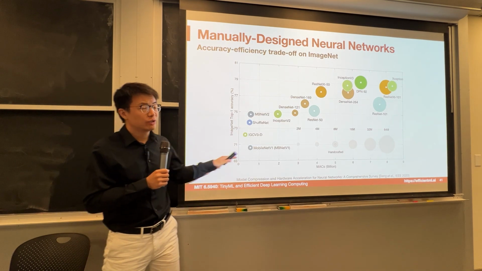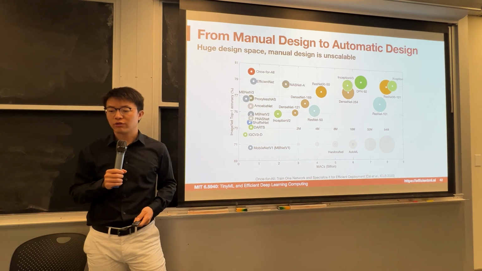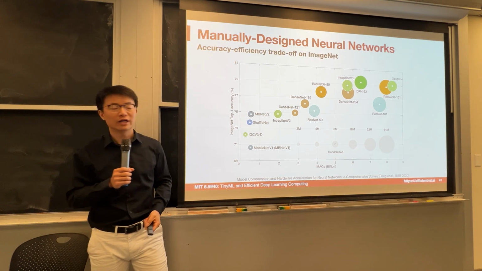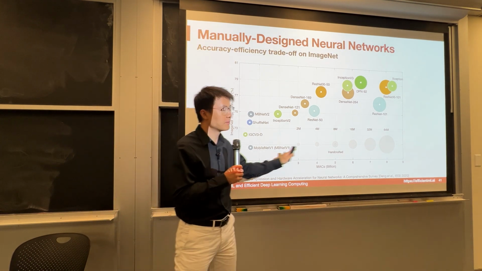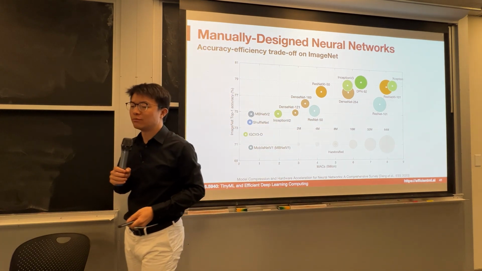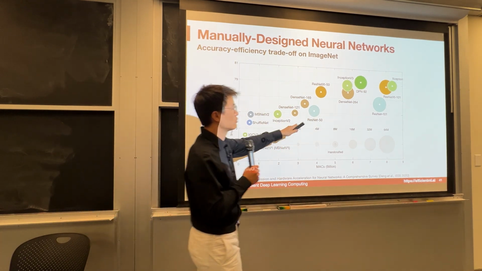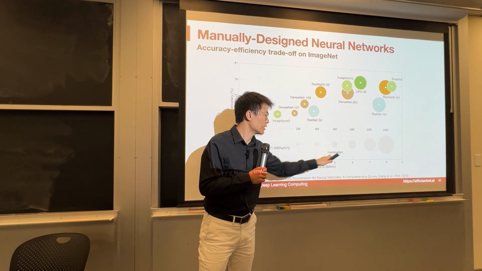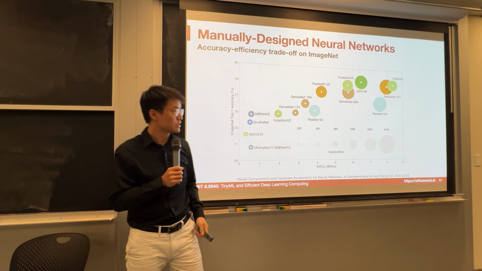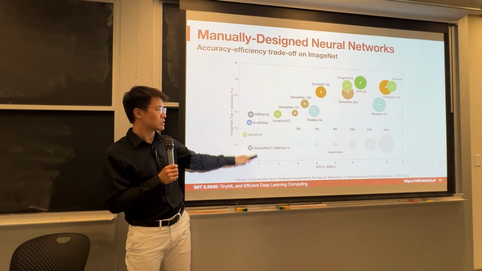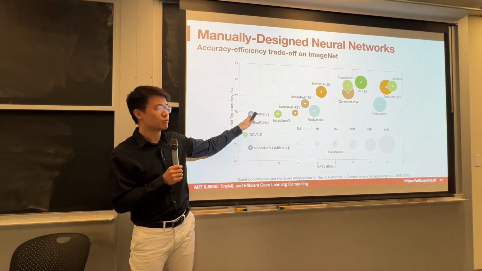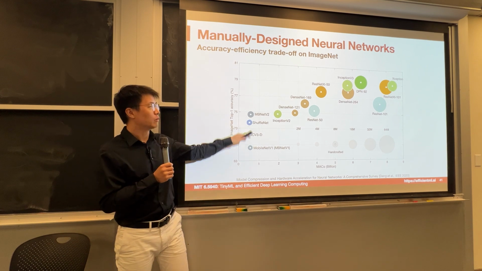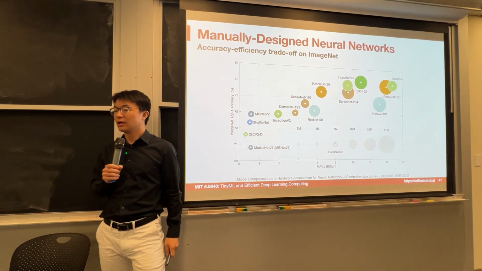And we can find this trade-off without and with neural architecture search. We can clearly see the difference. Previously, these are handcrafted models, including the ResNet we just introduced, which has a pretty large amount of MACs with decent accuracy, versus the MobileNet, which has a smaller amount of computation, while still having pretty good accuracy.